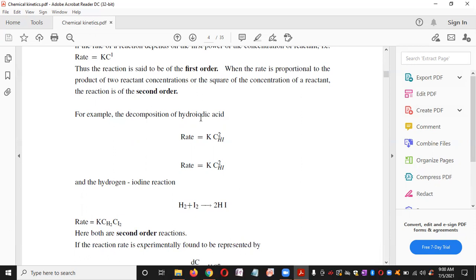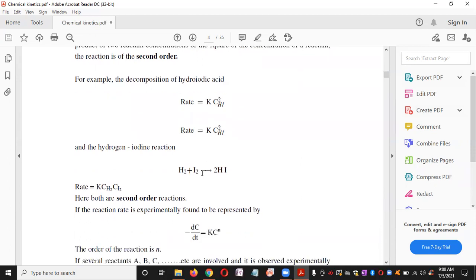Consider the decomposition of hydroiodic acid; similarly, hydrochloric acid gives H2 plus Cl2, and the rate of reaction is proportional to the concentration of HCl to the power 2. So for the decomposition of hydroiodic acid, 2HI gives H2 plus I2, where HI is the reactant, and the rate of reaction is directly proportional to the concentration of HI to the power 2, that is rate = k [HI]^2. So this is a second order reaction.